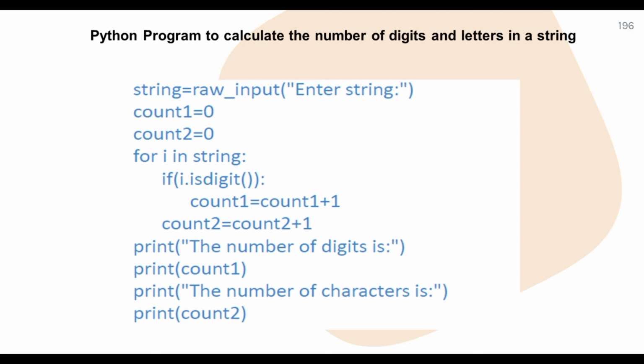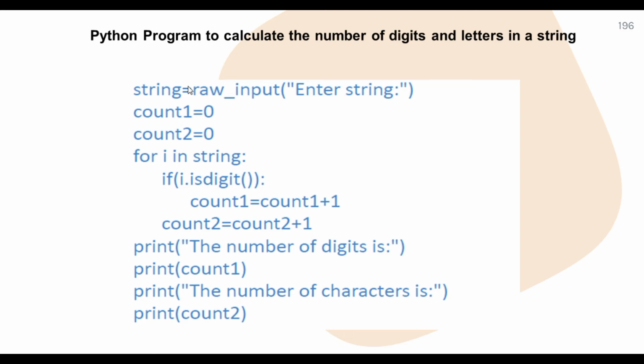Now we can understand the next thing, student. A Python program to calculate the number of digits and letters in a string, student. Suppose you consider a particular number of digits and we are going to calculate them in a string form. Here we have asked the user to please enter a string.